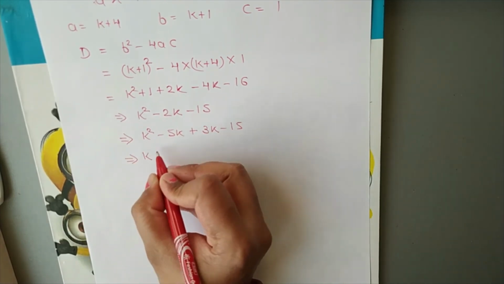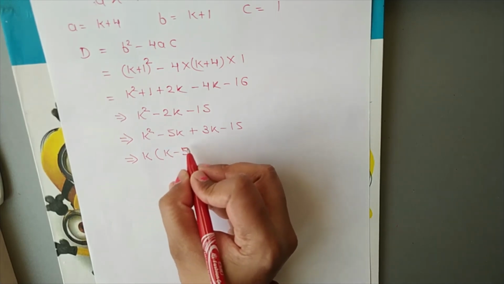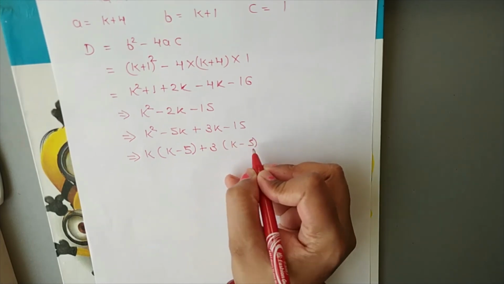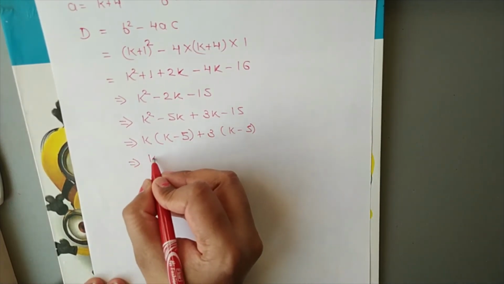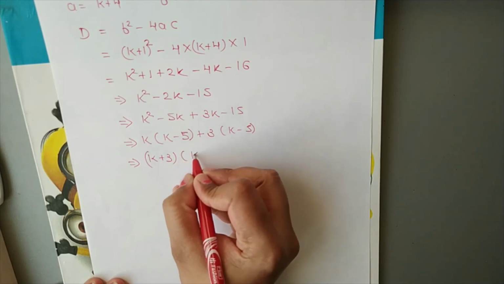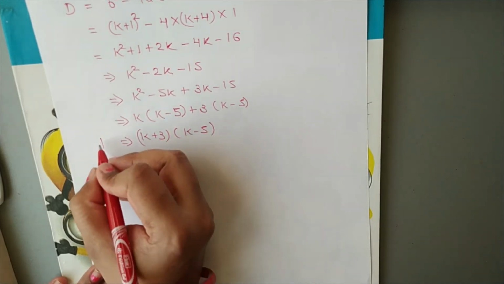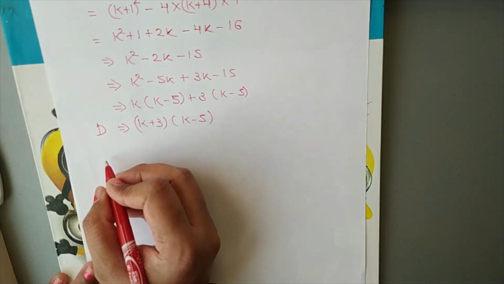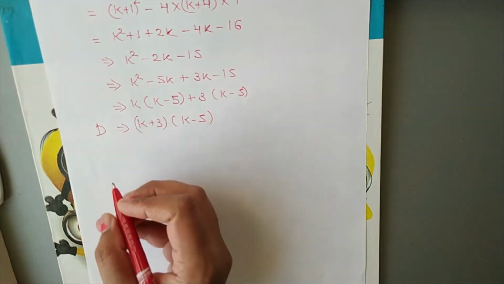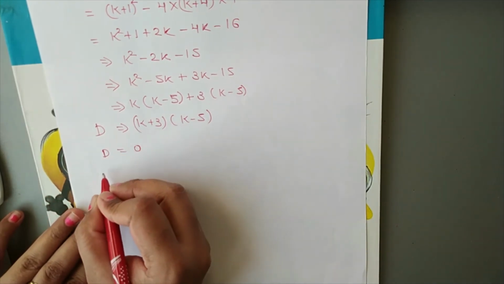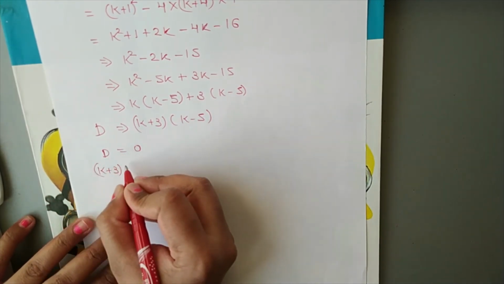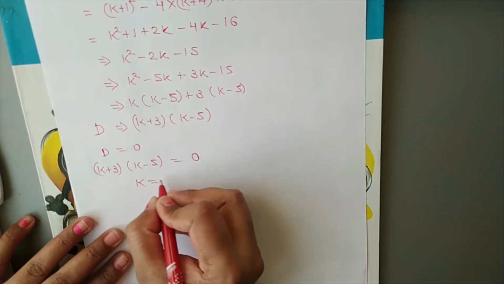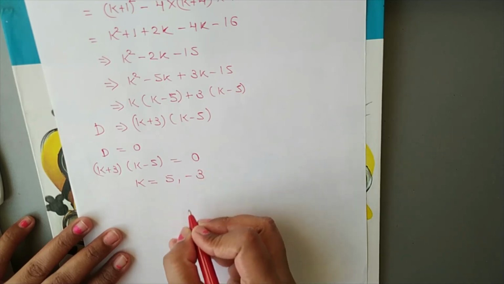So k is common, k minus 5 is remaining, then here 3 is common, k minus 5 is here. So it will be (k plus 3)(k minus 5). Now this is the value of D. It has equal roots, it means D is equal to 0. So (k plus 3)(k minus 5) will be 0. So k will be 5 or minus 3.